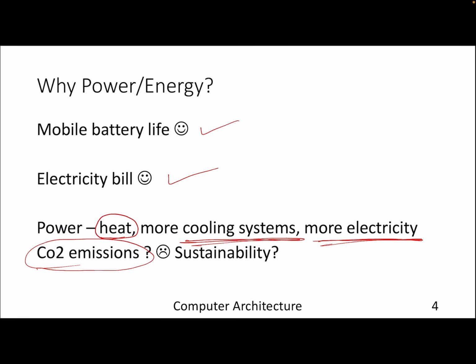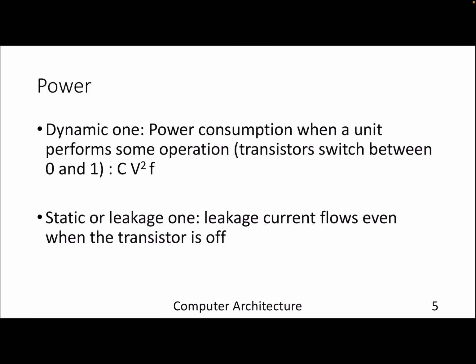So can we design our processors and microarchitectures which can emit CO2 at a reasonable level, or maybe be completely CO2 free? These are the trade-offs that you may face in the upcoming 5 to 10 years.